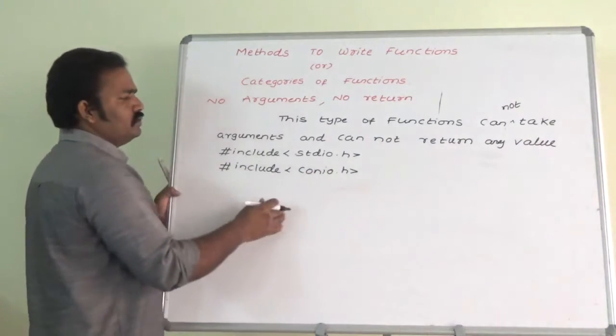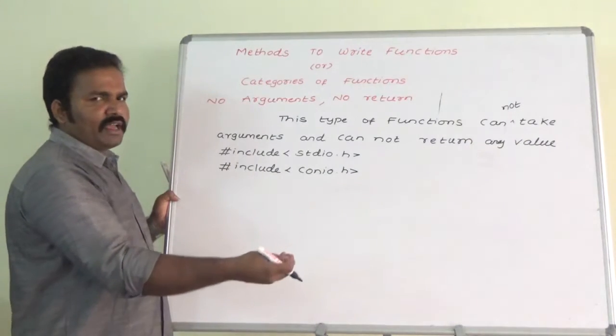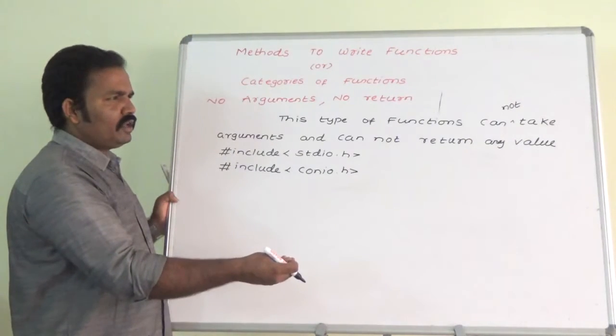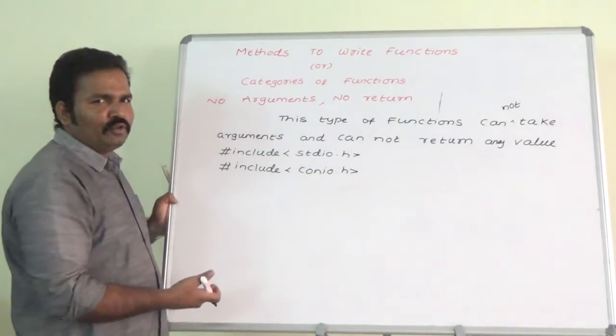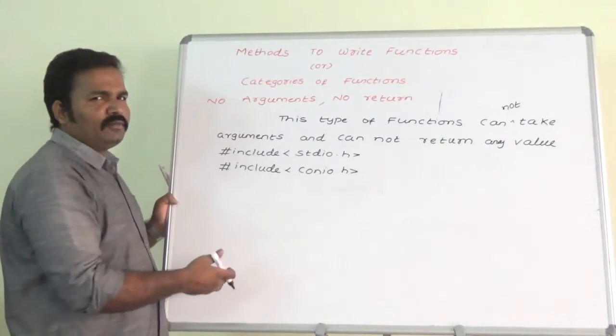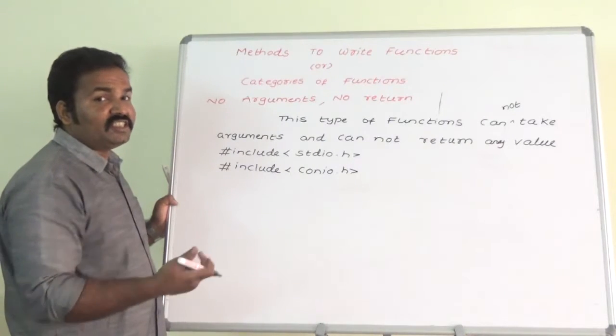In this program I am going to use printf and scanf functions. Whenever you are using printf and scanf functions, you should include the standard input output header file. Next, in this program I am going to use the clrscr function and getch function.